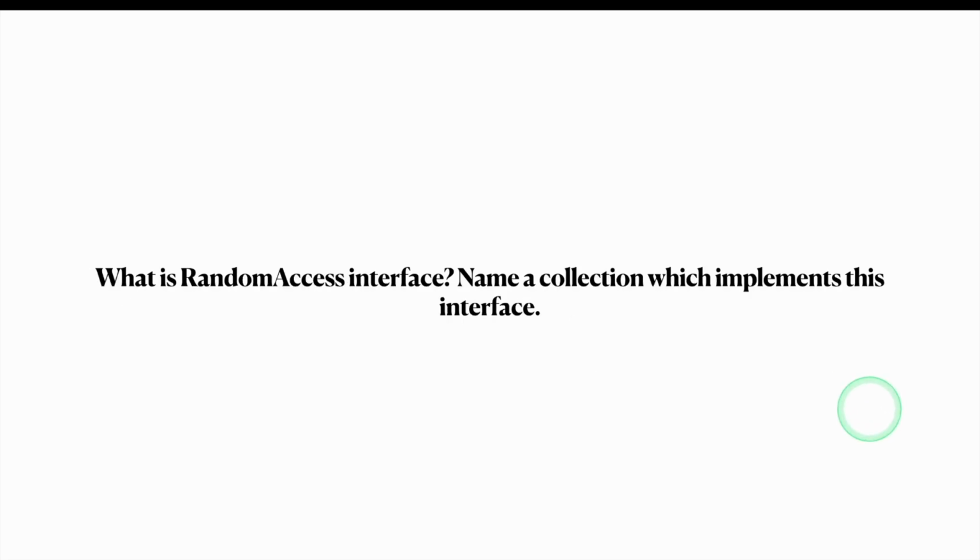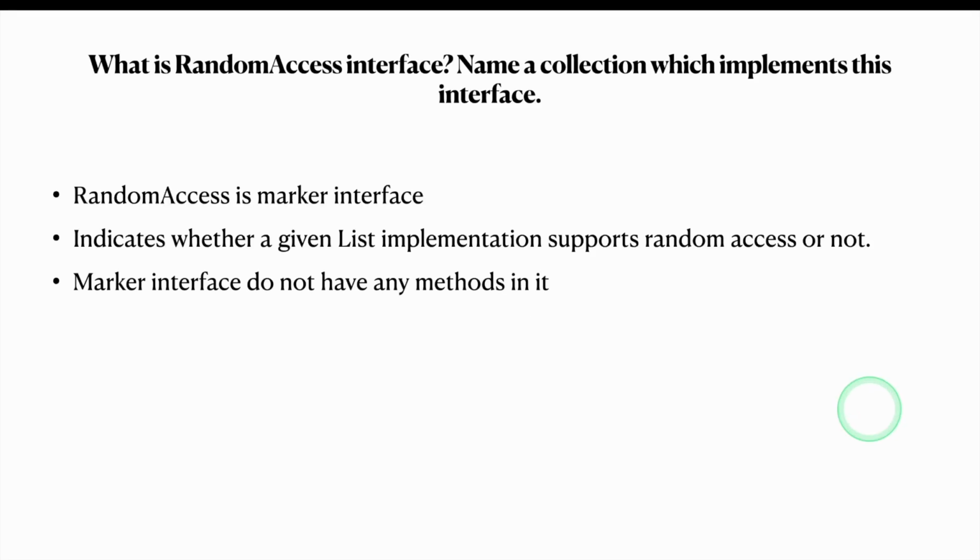What is random access interface? Name a collection which implements this interface. RandomAccess is a marker interface like Serializable. Marker interfaces do not have any methods in them. It is just used to mark a particular interface for a particular behavior. Like in this case, RandomAccess interface indicates whether a given list implementation supports random access or not.